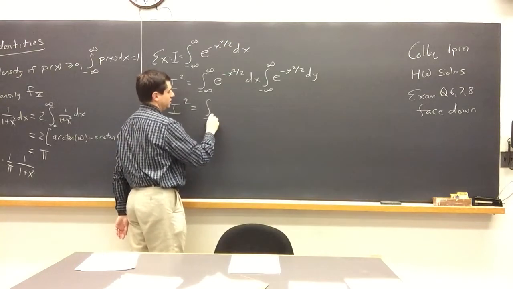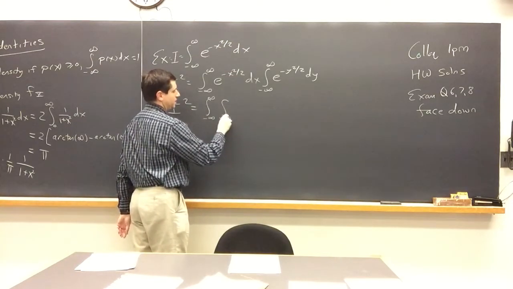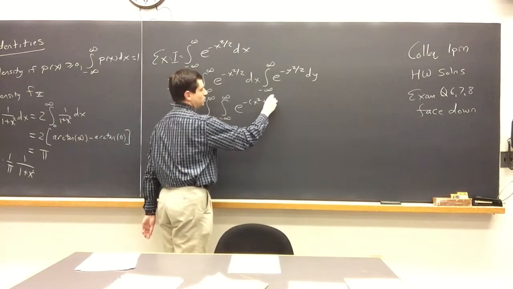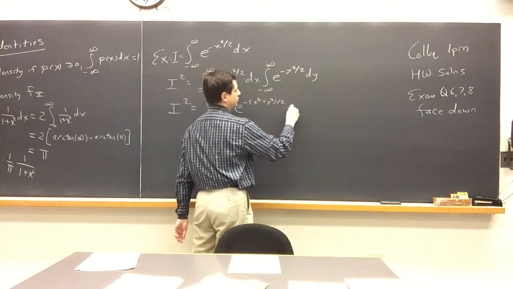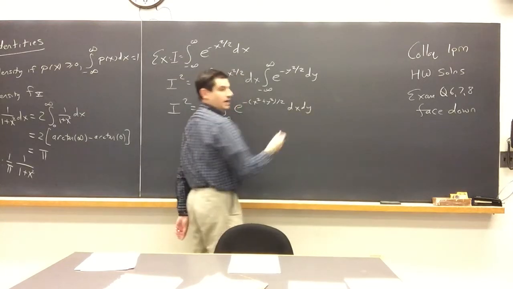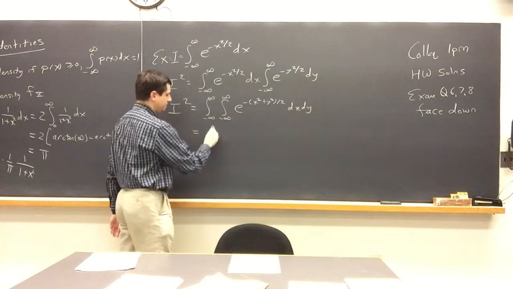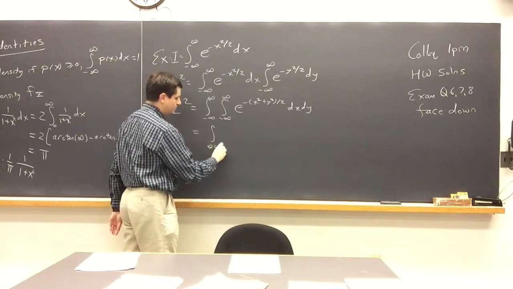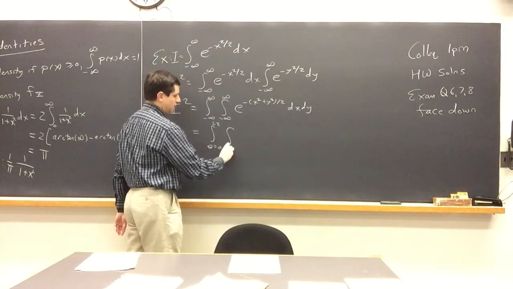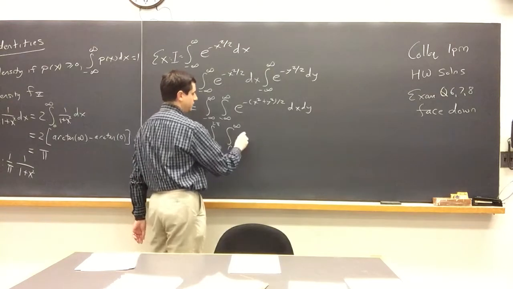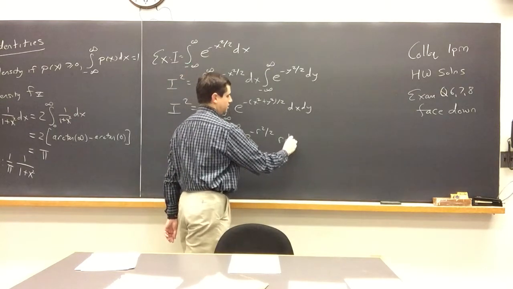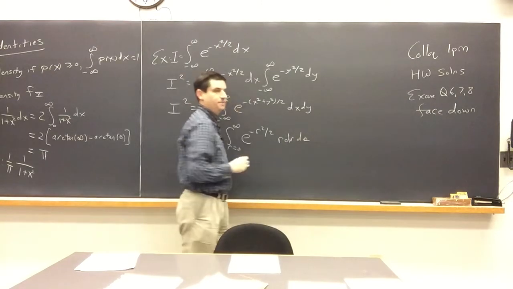So I squared is the integral from minus infinity to infinity of e to the negative x squared plus y squared over 2 dx dy. Now we convert to polar. And this is the integral theta goes from 0 to 2 pi, r goes from 0 to infinity, e to the minus r squared over 2 r dr d theta.